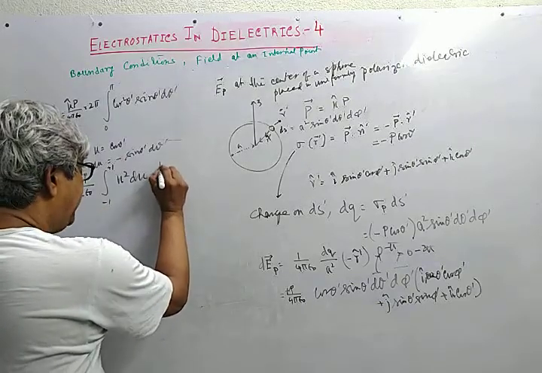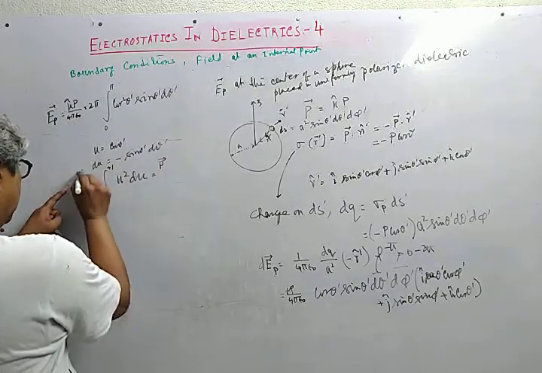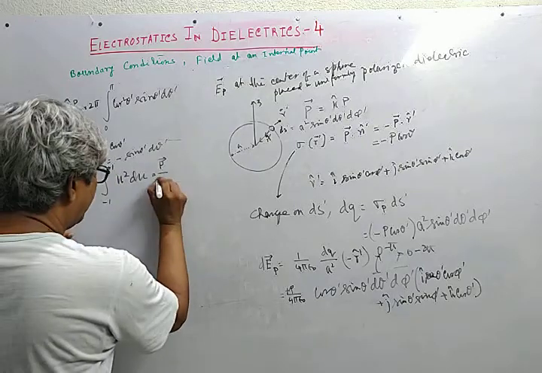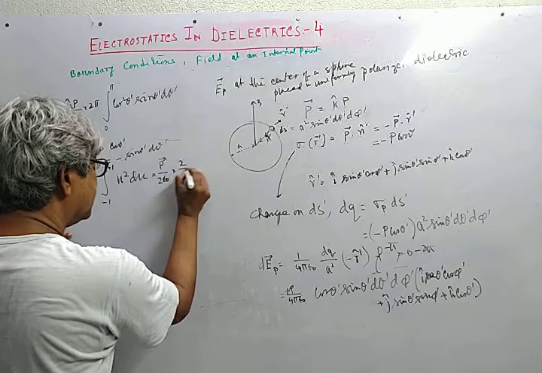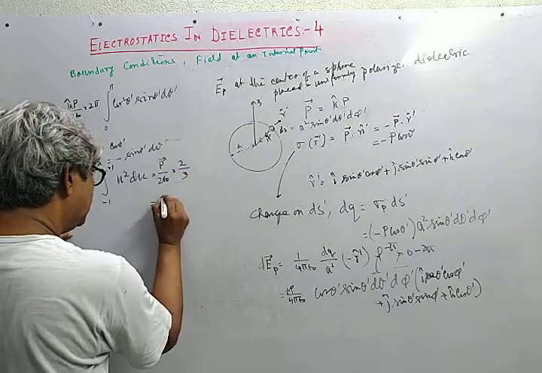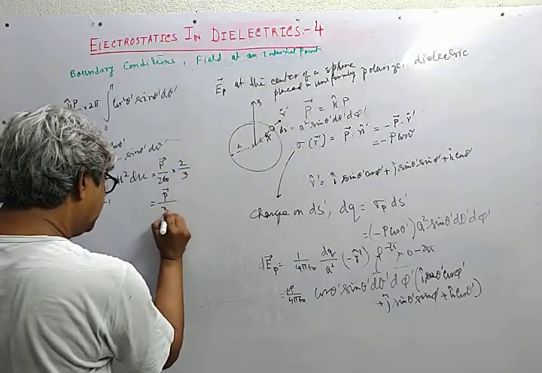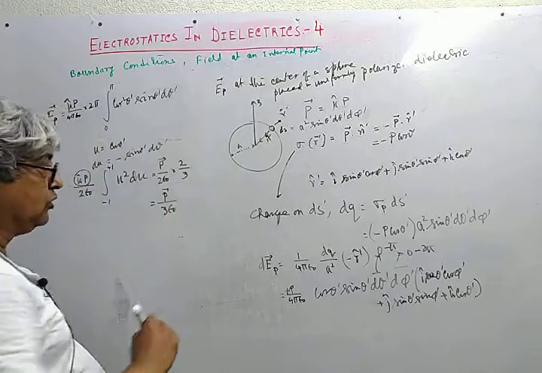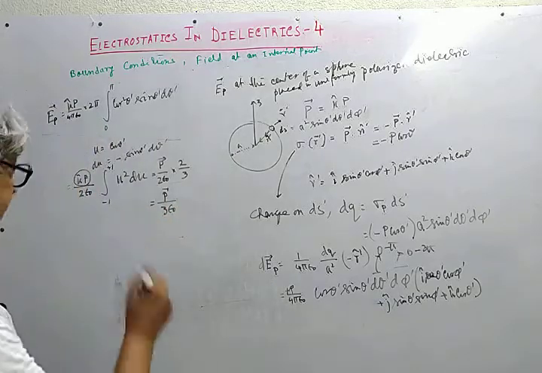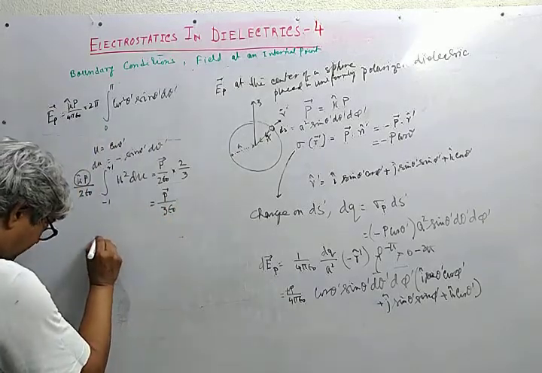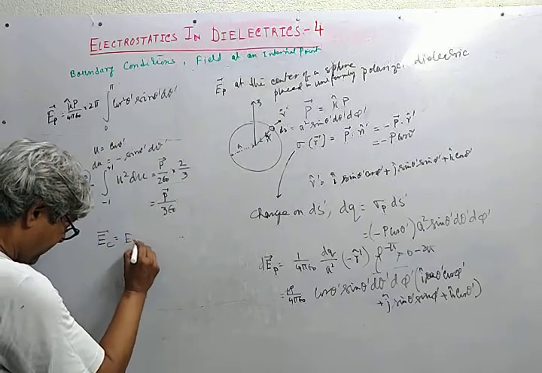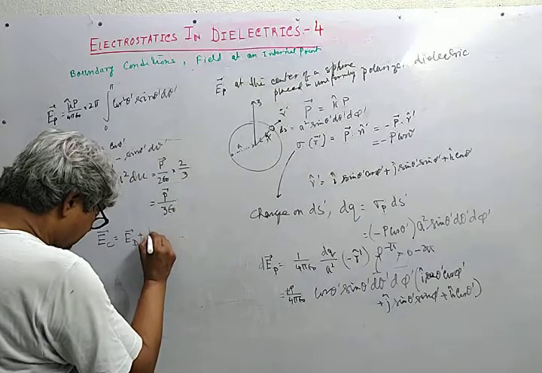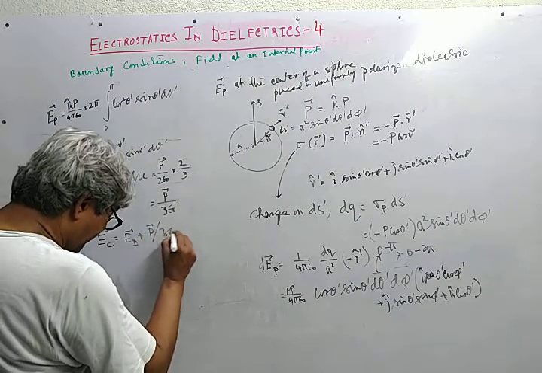So the vector P upon 2 epsilon naught, and the integration result is 2 by 3. So it is P by 3 epsilon naught. So the field within the cavity, in this case, is E_d plus P by 3 epsilon naught.